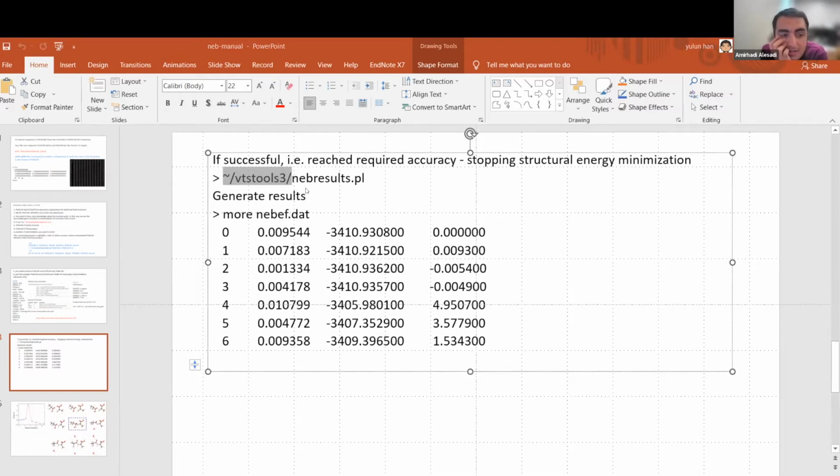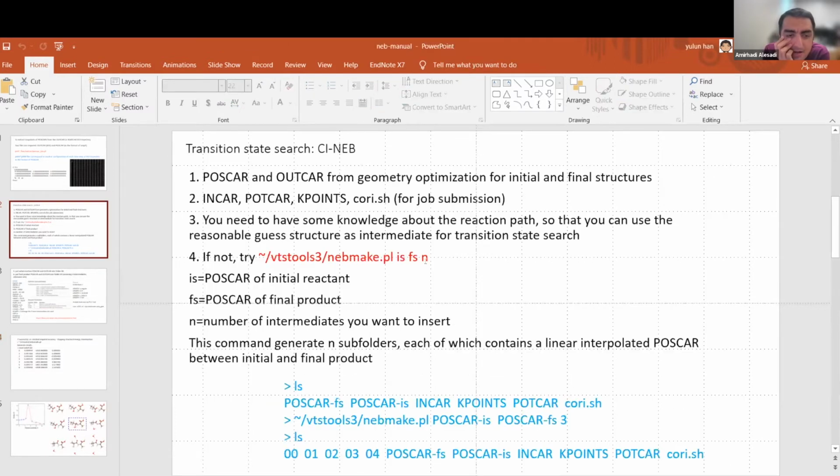Okay, and in slide 2, I didn't get IS and FS. How did you assign them? It's just the POSCAR file for your initial reactant. You can name it whatever you want. I just gave it the name IS. I get a little confused. Could we assign a file to a name?